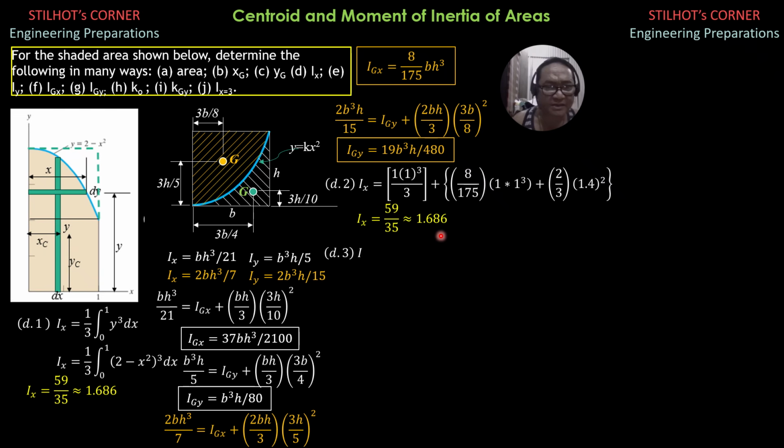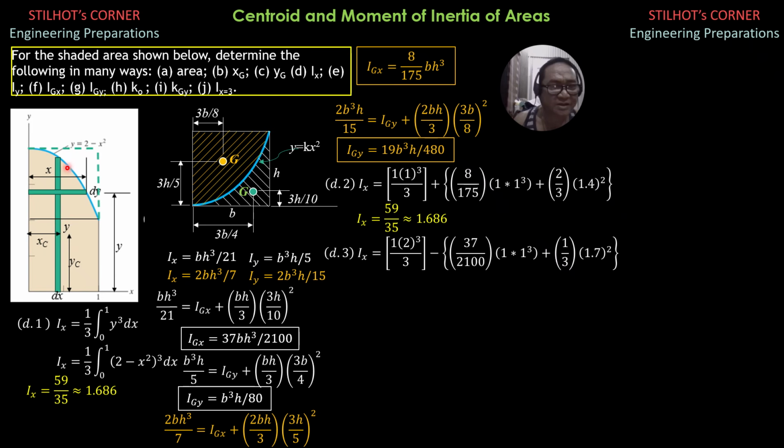Next method: it is equal to Ix of the whole rectangle, then minus the centroidal moment of inertia of this spandrel transferred to the x-axis. We have to subtract it because we consider the rectangle. For the rectangle, the x-axis coincides with its base, so 1 times height 2 cubed over 3.